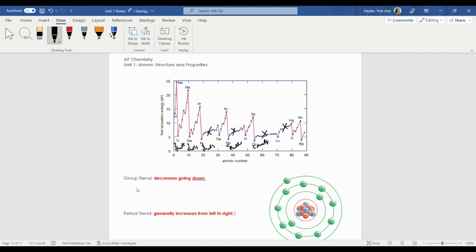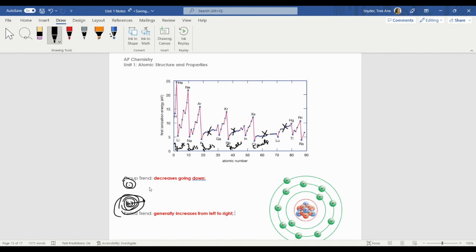So I'll do that over here so we could see it. If lithium's got only 2 shells around it, whereas cesium has 1, 2, 3, 4, 5, a lot more shells, right? That nucleus is farther from that outermost shell. And because that nucleus is far from that outermost shell, it's very easy to remove those electrons.